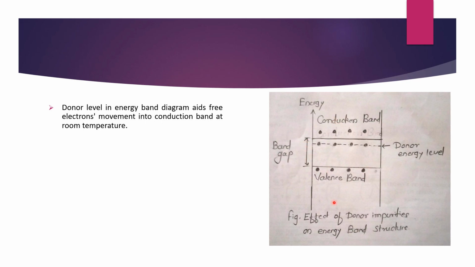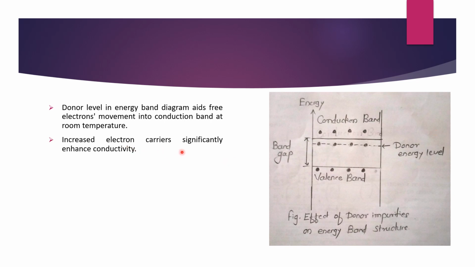This simply means that if an electron in the valence band wants to go into the conduction band, it has to gain this much energy. But because of the added impurity, now this donor energy level has come over here. Simply it means that even at room temperature, less energy is required by the valence electron to get into the conduction band. This distance has decreased, the energy required has decreased.